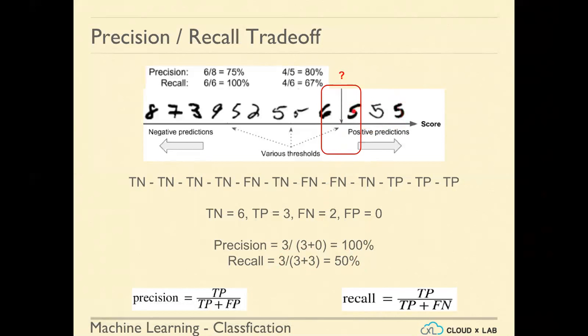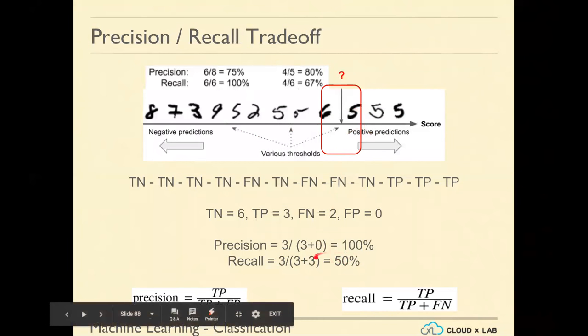There is no wrong thing that has been classified as 5. So the precision has gone to 100%, but since we have missed out on 3 of the 5s, our recall rate has gone down.